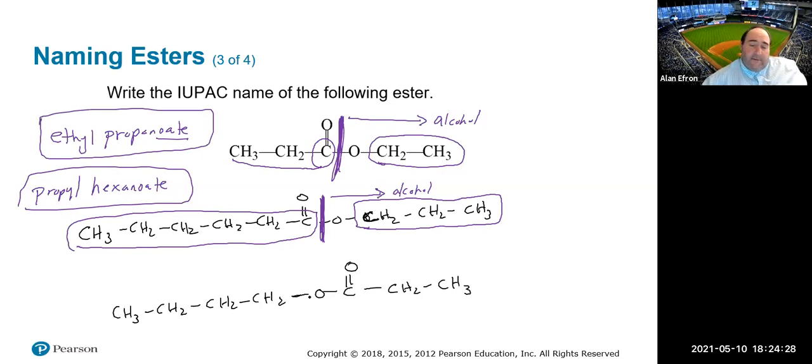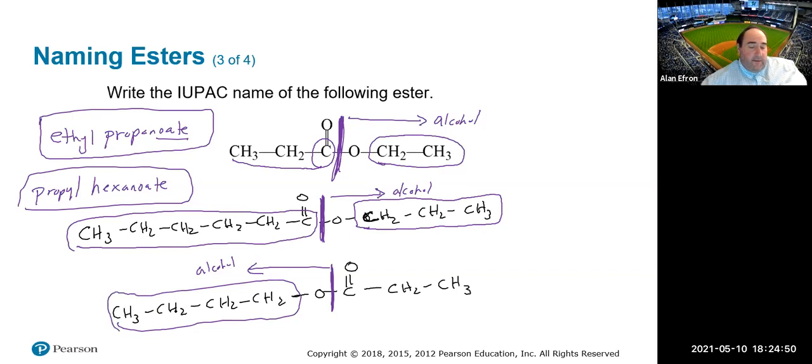Looking at the last one, again, this is our ester connection, and this is why it's important to know which way you need to go, because if I went to the right, that is not the alcohol part. Again, I need to go away from the double bond for the alcohol part, which means the alcohol part is actually over here.